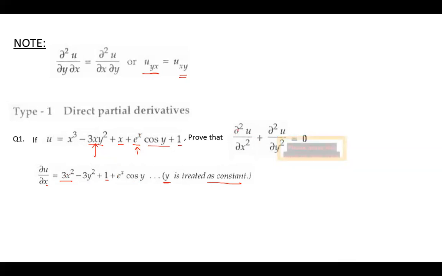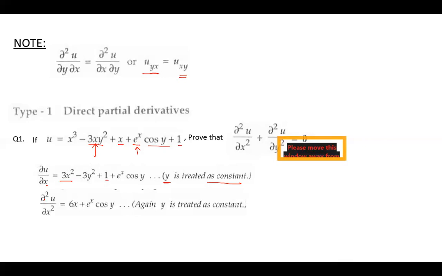Since in the proof we need ∂²u/∂x², we'll now find the second order partial derivative. For this, we need to differentiate our previous result with respect to x partially. So what do we get? Derivative of 3x² will be 6x minus 3y². Now here you can see we don't have any term of x.